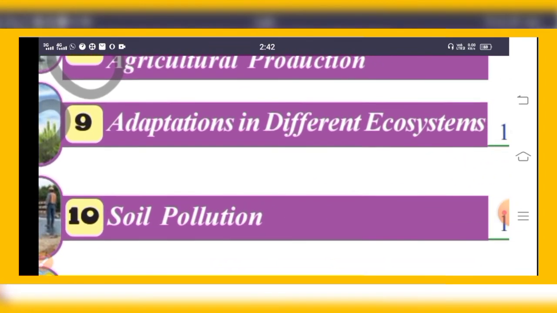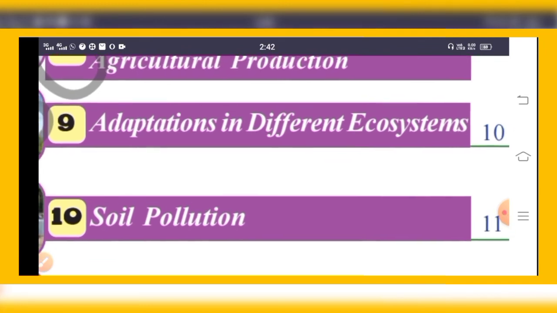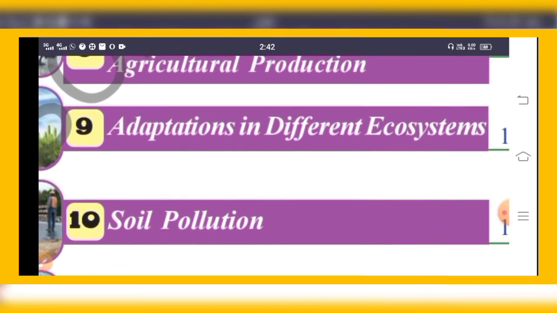And adaptation in different ecosystems. We observe a variety of organisms in this universe located in different areas, such as desert areas and water areas. Some plants live in the desert area, and some plants live in normal places.